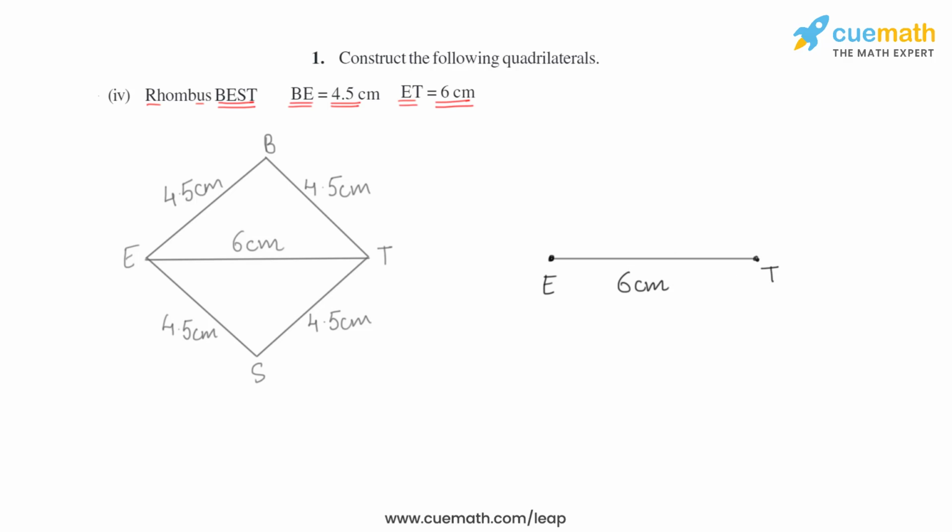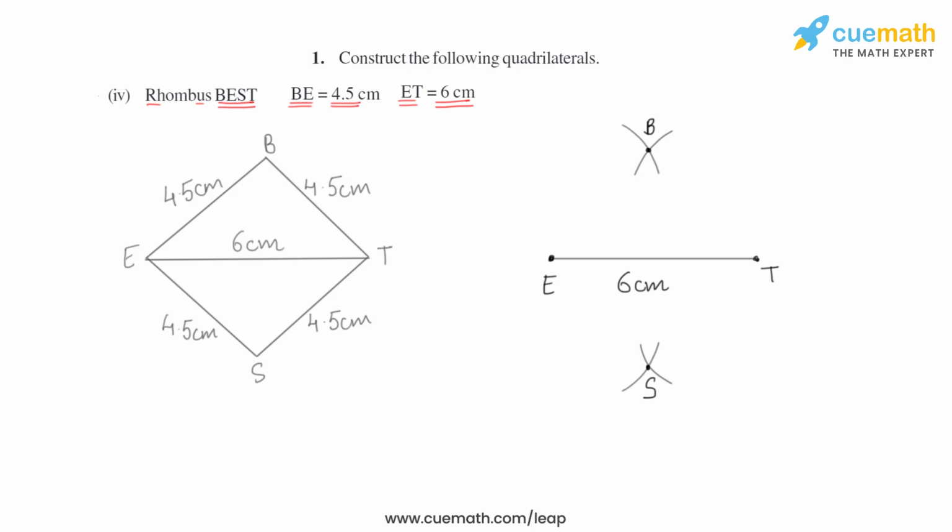Now, taking E as center and a radius of 4.5 centimeters, draw an arc first like this and then like this. And then taking T as center and a radius of 4.5 centimeters, again draw an arc like this and like this. So the points of intersection are, this point is point B and this point is point S.